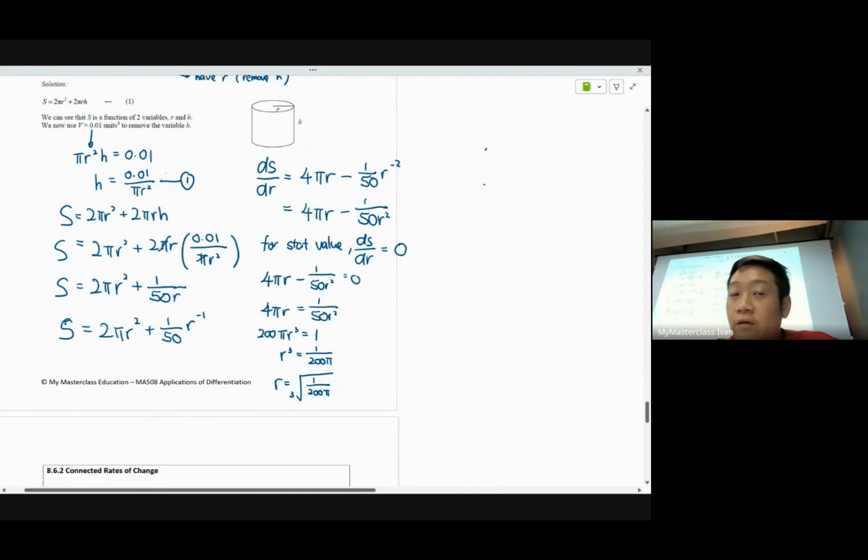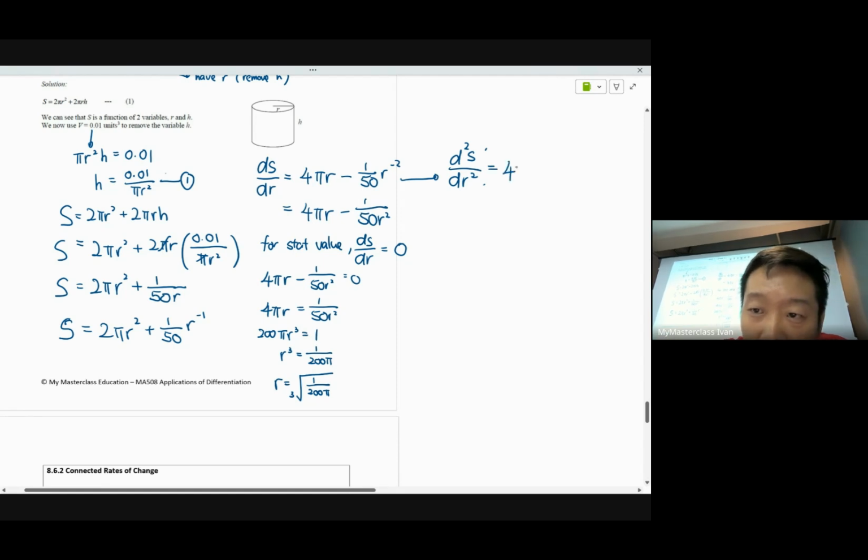Okay? Did the question ask you to show that it's minimum? Never. But they say that it's minimum, so you must go and do your second derivative test. d2s over dr square, differentiate this: 4 pi, negative 2 bring down, plus 2 over 50 r power negative 3.